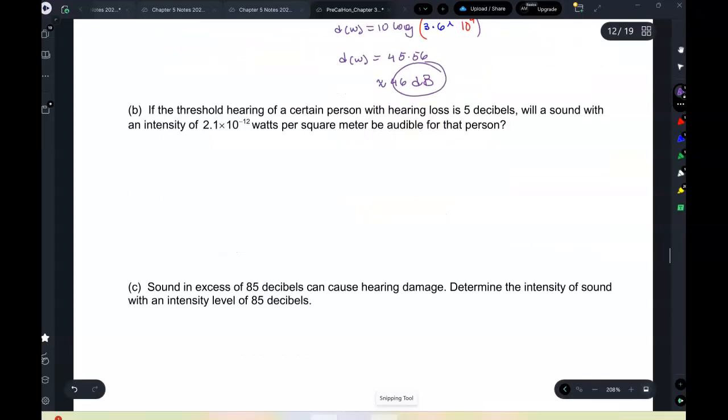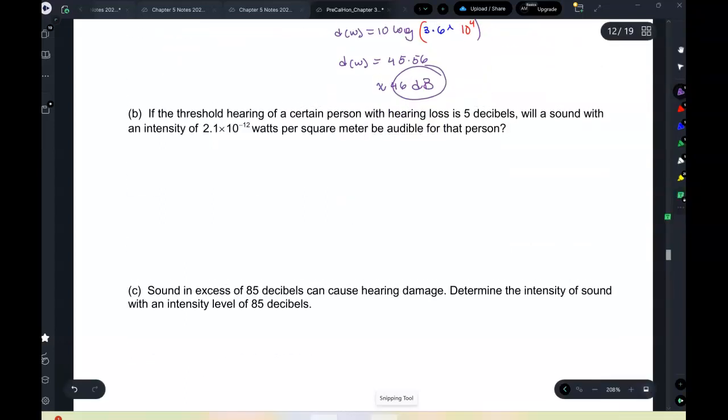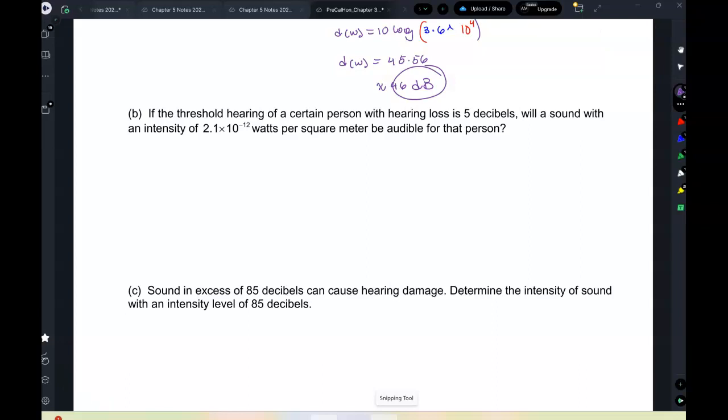Decibels. Okay, if the threshold of hearing of a certain person with hearing loss is 5 decibels, will a sound with an intensity level of this be audible for that person? So if this is an intensity, this is W, right? So let's see.